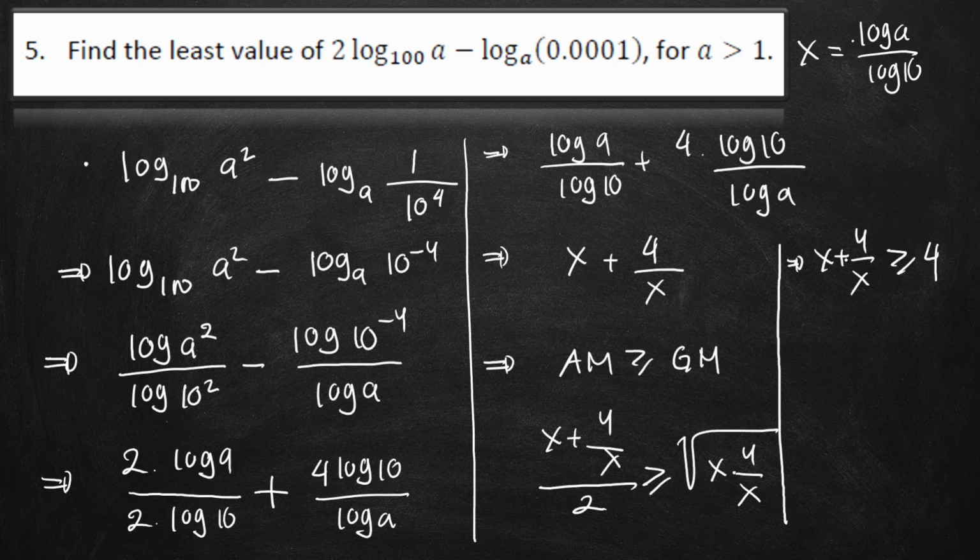So I will have x plus 4 over x is bigger or equal to 4. So if they're asking about the least value or minimum value, then the minimum value is 4, right? Because x plus 4 over x is bigger or equal to 4, so the minimum is 4.